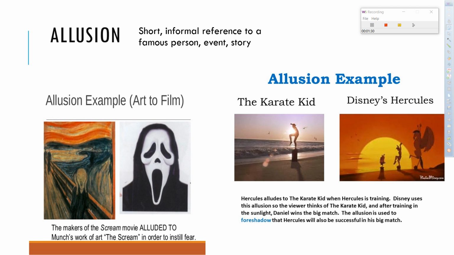It's an illustration, and in the movie Scream we see a mask that alludes to the illustration on the left. Another allusion comes from Disney's Hercules, where the characters allude to the Karate Kid and how the Karate Kid looked in front of the sun by a beach.